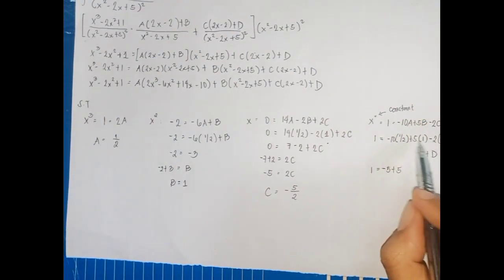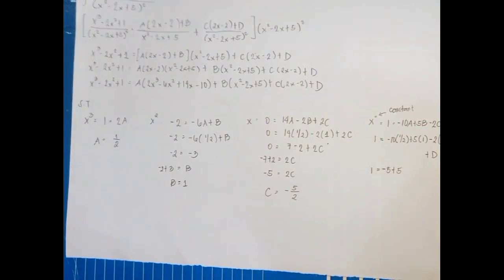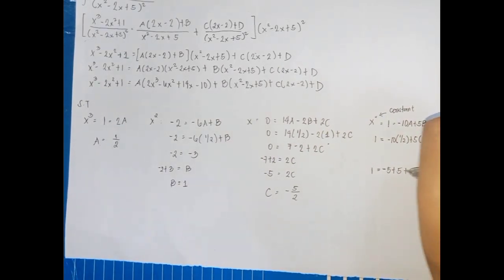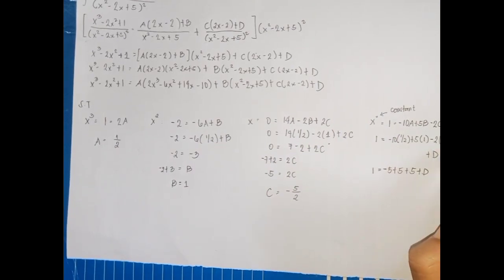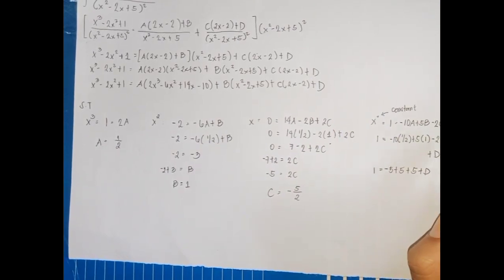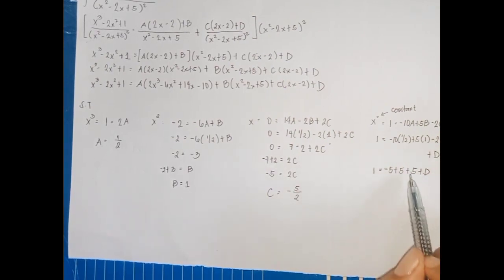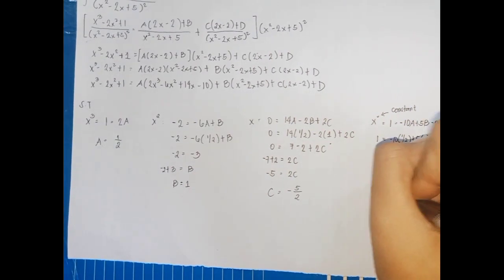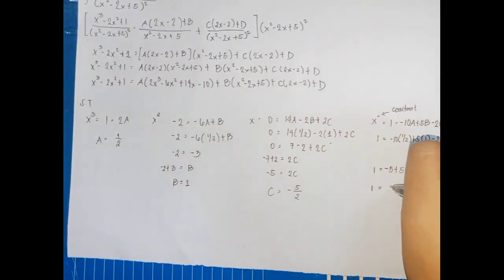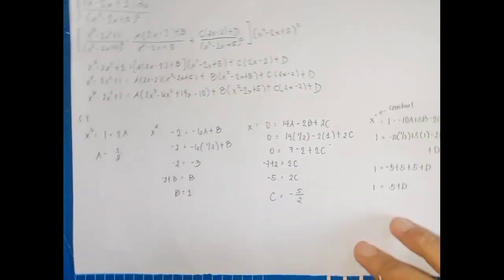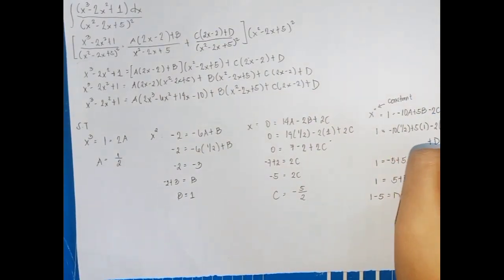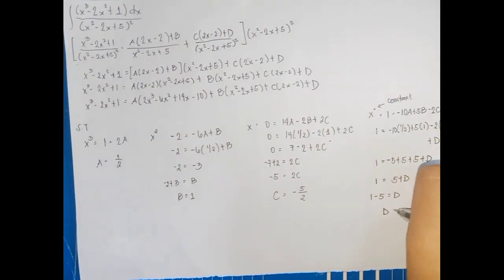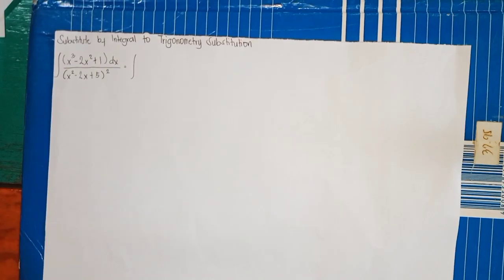We have here 5 plus 5. Then this will be also coming plus 5 plus D. This will be 1, negative 1. So if you multiply negative times negative, it will be positive. So that's why it will become positive 5. So our 1 is equal to 5 plus D. So we will just transpose the positive 5. It will become negative 5 is equal to D. So our D now is equal to negative 4.